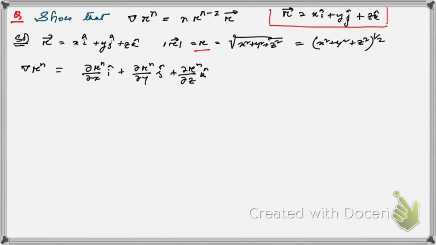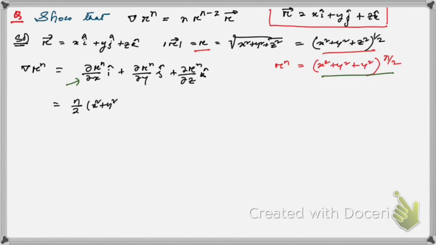So here r is this one. So r to the power n we will get x square plus y square plus z square whole to the power n by 2, right? Now if you differentiate this with respect to x, if you find the partial derivative, then what you will get? You're going to get this, right? Take this one again, you see this again you have to differentiate the terms within the bracket, because it is a function of a function.